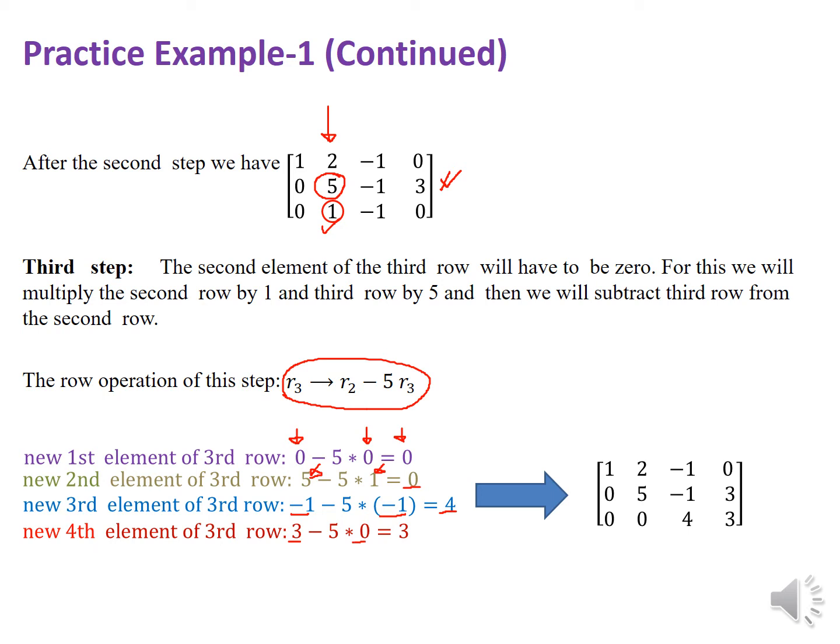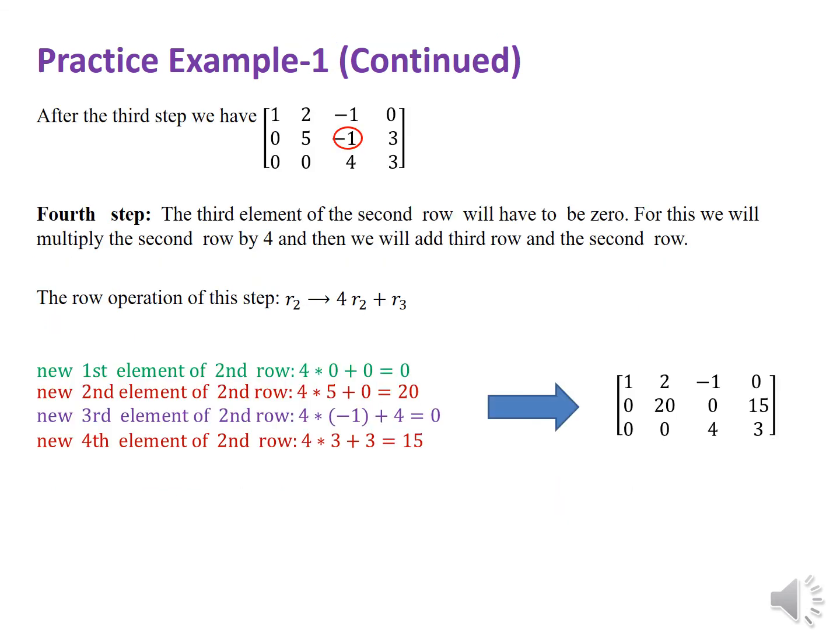So we will get 3 minus 0 is equal to 3. So the new third row will be 0, 0, 4 and 3. After the third step, we have this matrix.